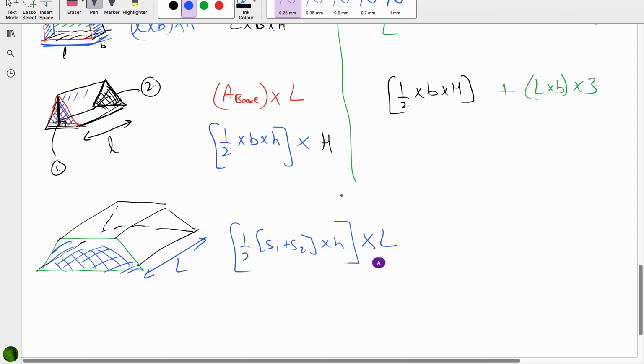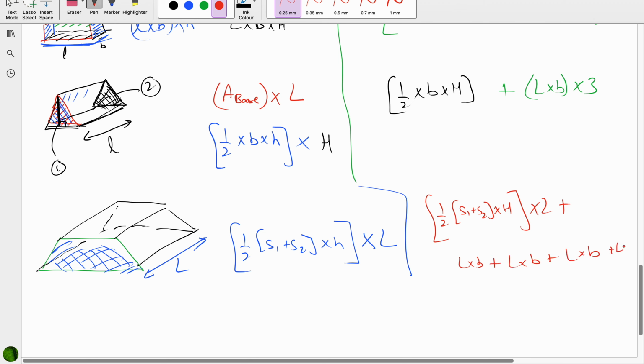This is my volume. And then when we talk about the total surface area, I can see 6 faces, 2 of these are trapezium. 1 by 2 into sum of parallel sides into height, this is 2 times, plus 4 different rectangles. So length into breadth, length into breadth, length into breadth, plus length into breadth, 4 different rectangles.